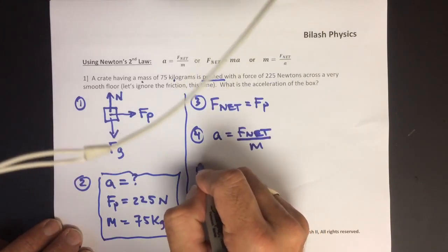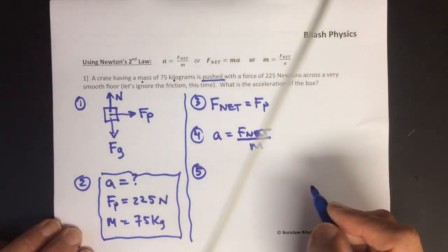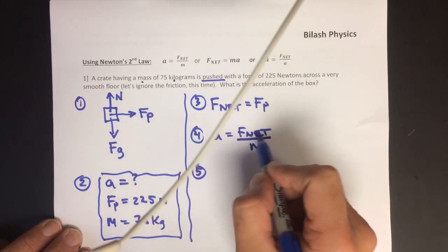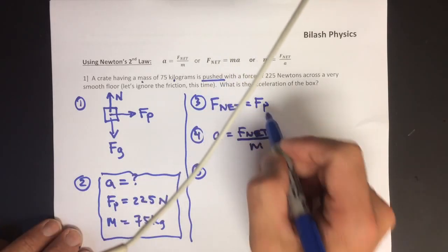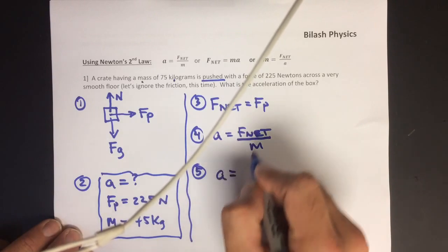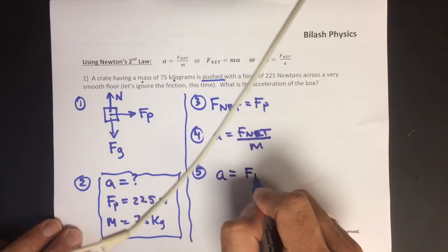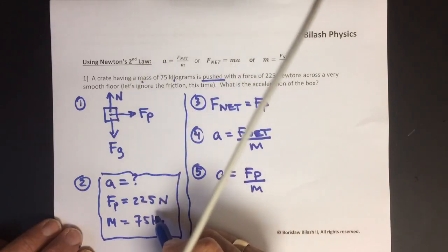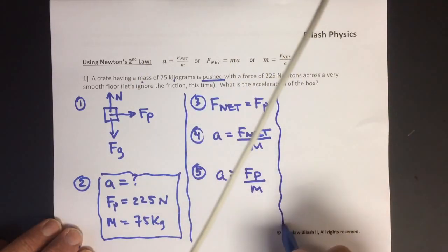Step five, this is where we actually solve the problem. So I'm going to replace F net with what F net is equal to. So A is equal to Fp divided by M. And now I'm going to plug in the information into this formula.